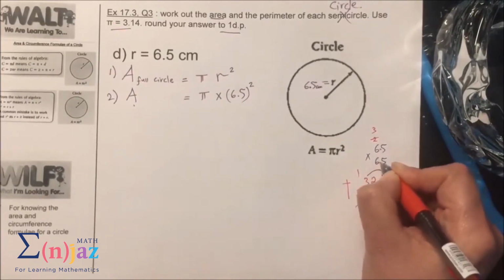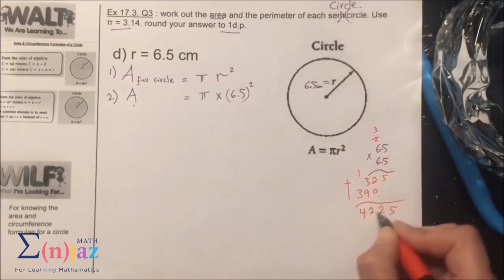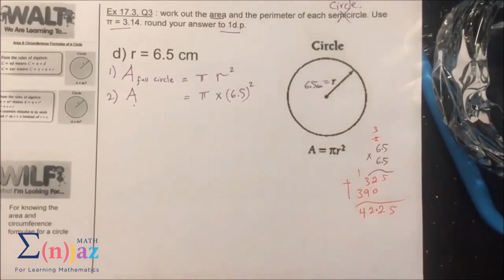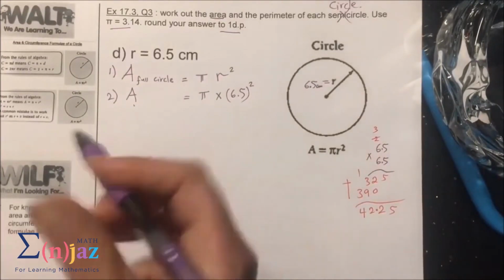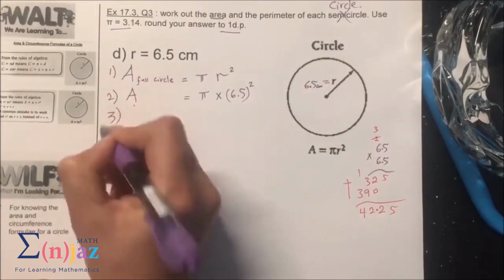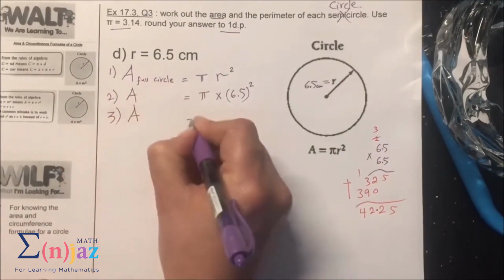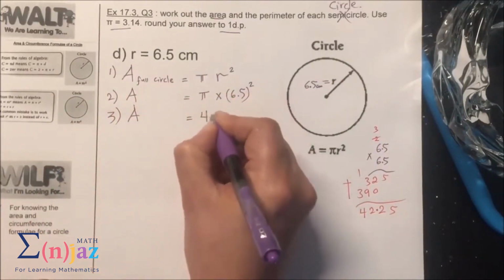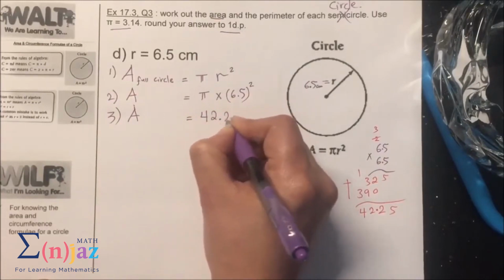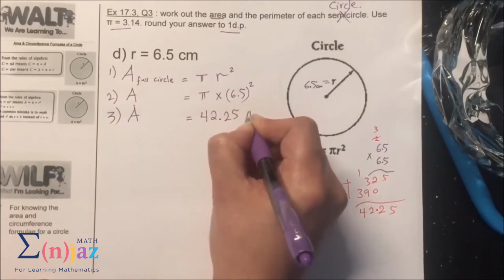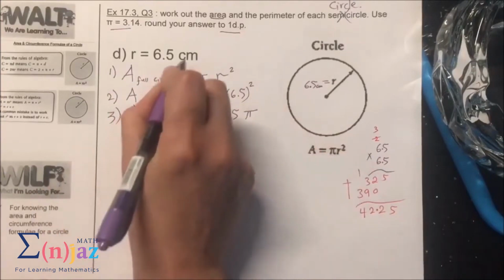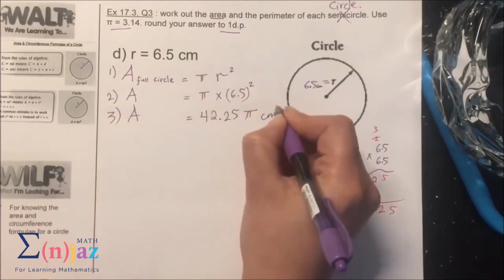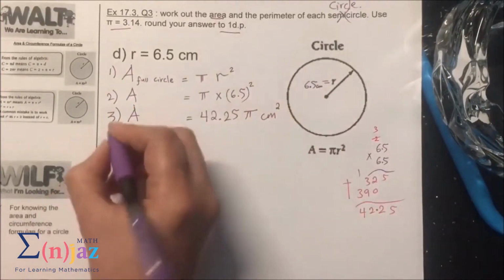Decimal here, 1, 2, place the decimal, and write the answer in terms of pi. A is equal to 42.25 pi, and it's centimeters squared.